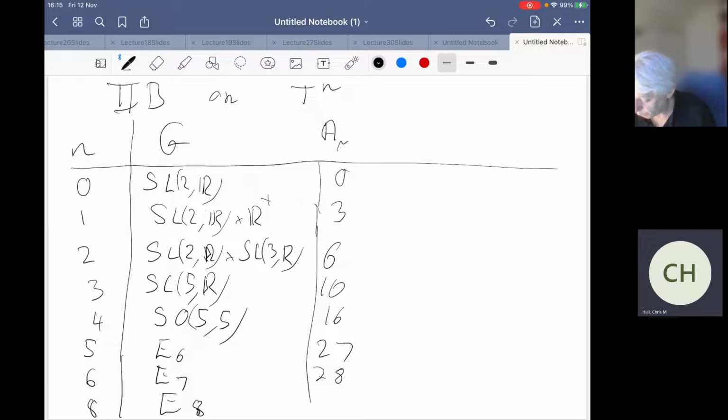So a lot of the formulae don't quite apply there.